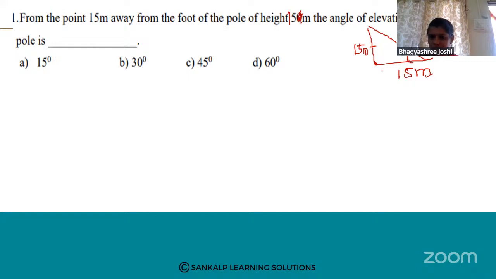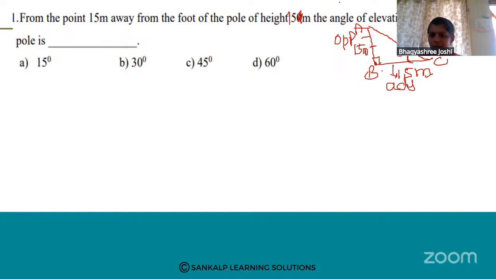Here it makes an angle theta, this is the angle of elevation, and here it makes an angle of 90 degree. Again it is ABC. So this is the hypotenuse, this is the opposite side, and this is the adjacent side.